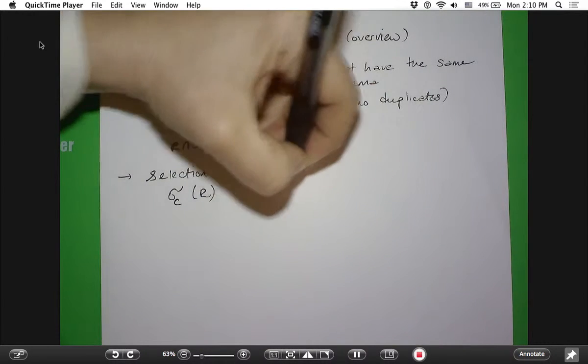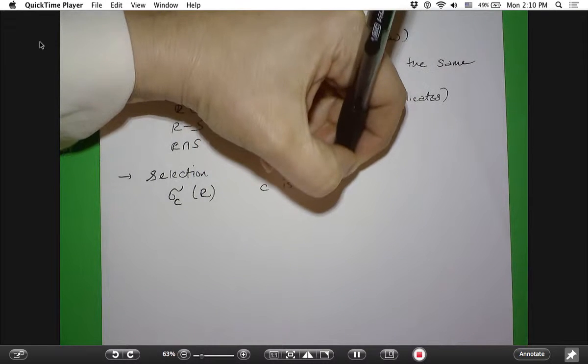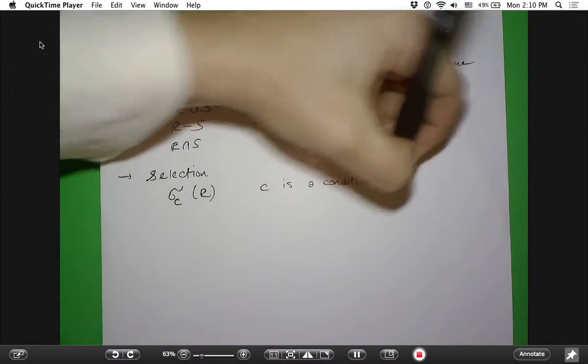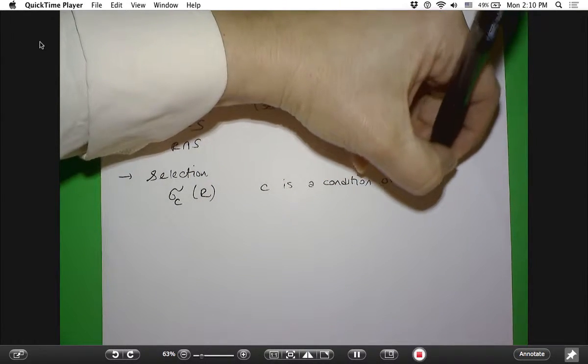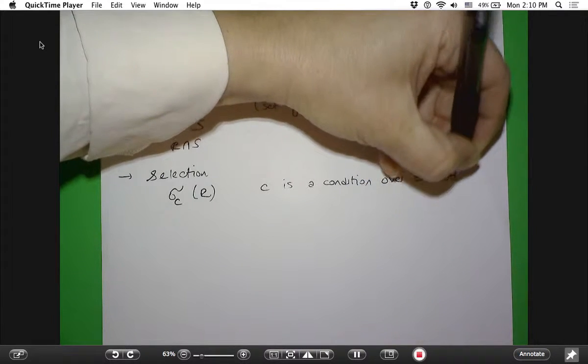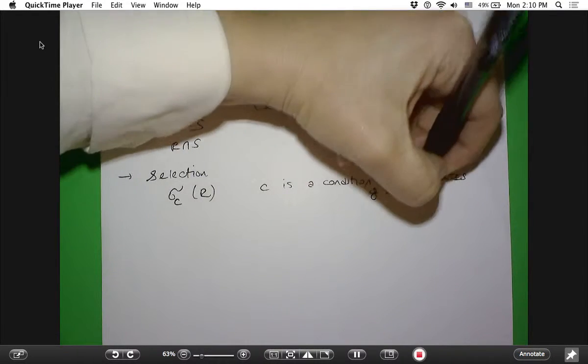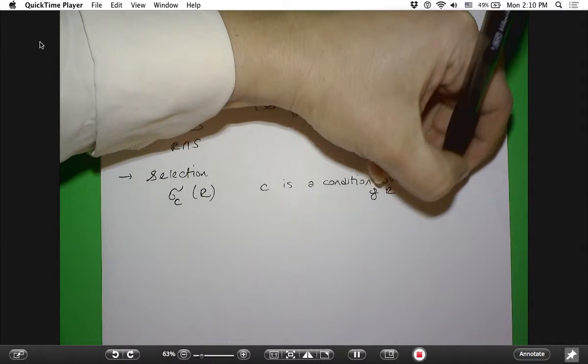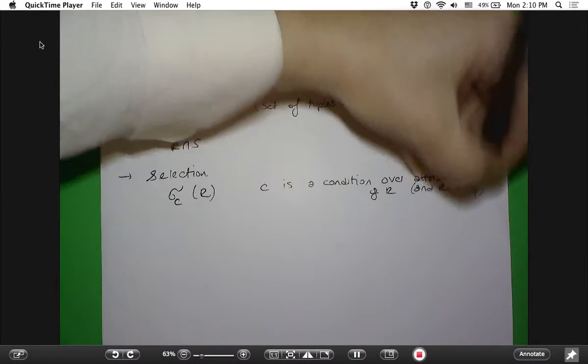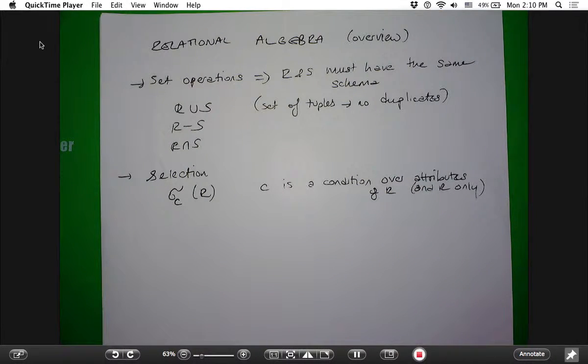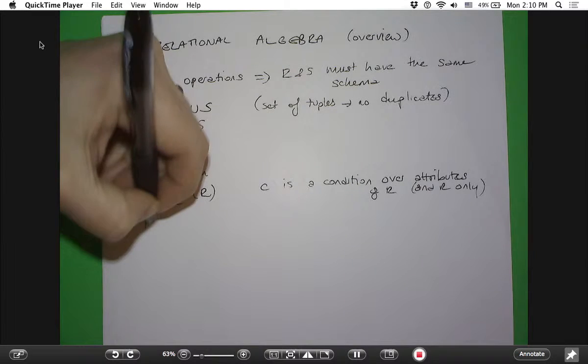So C is a condition over attributes of R and R only. Okay, I will tell you this over and over, but you will write conditions that do not satisfy this, but that's a learning process.